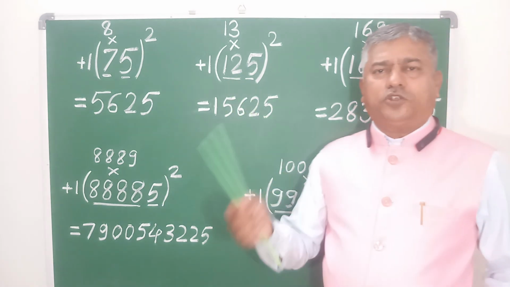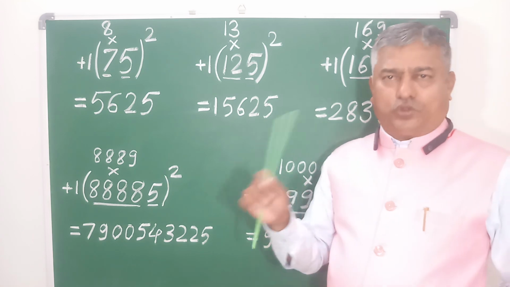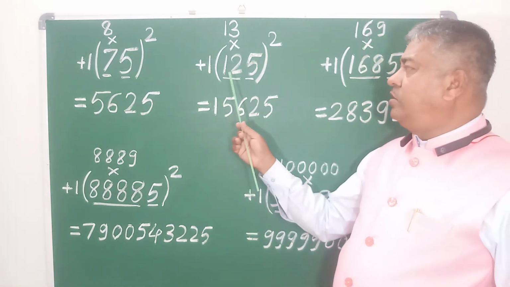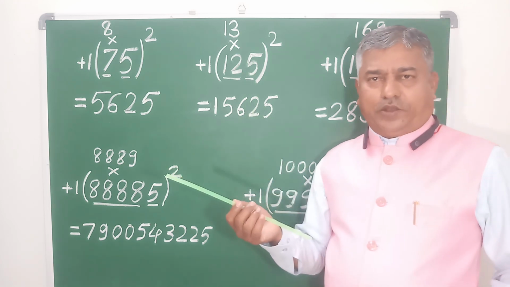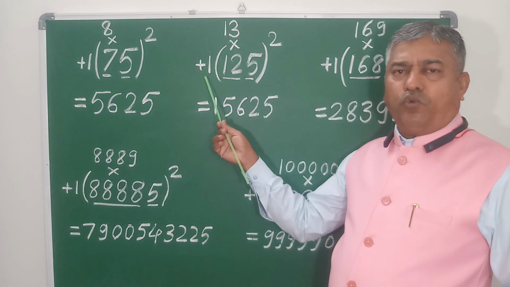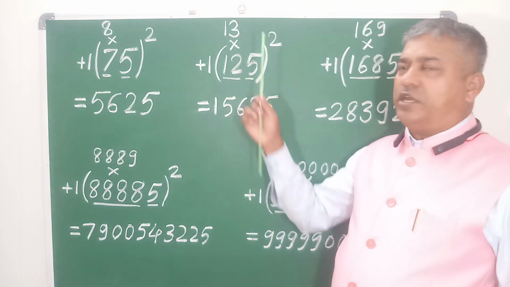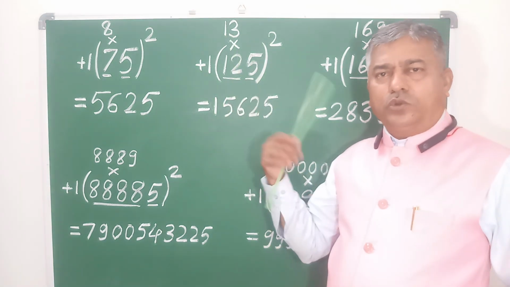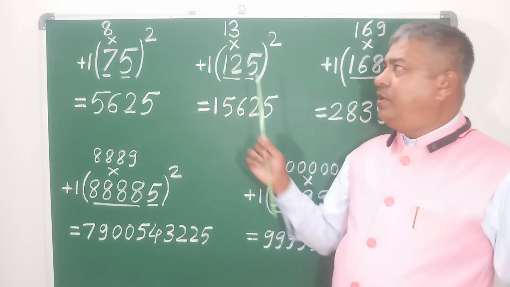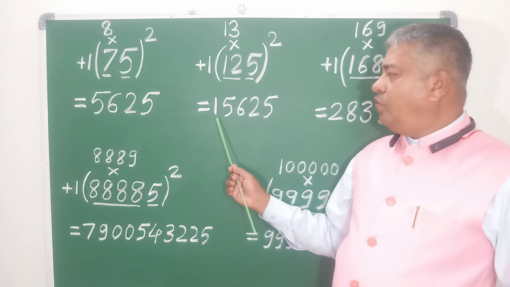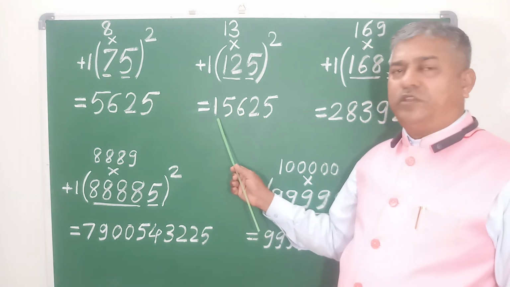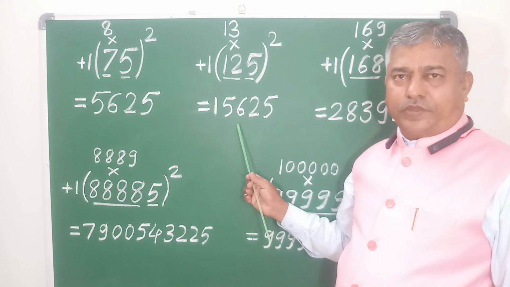Now according to our first Sulabha Sutra, Ekadikena Purvena, we have to add 1 to the 12. That is, 12 plus 1, we are getting 13. Now do the product of 13 and 12. Thirteen twelves are 156.